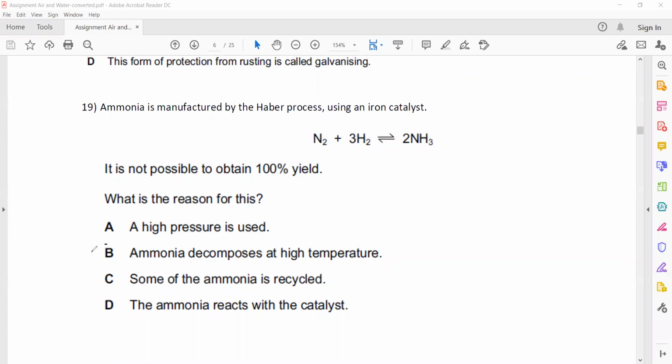Because ammonia decomposes. Yes, B is the right answer. It's because the reaction is reversible, so the ammonia will decompose and form nitrogen and hydrogen back again.